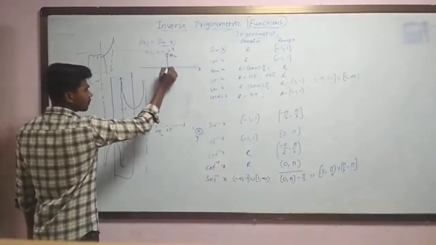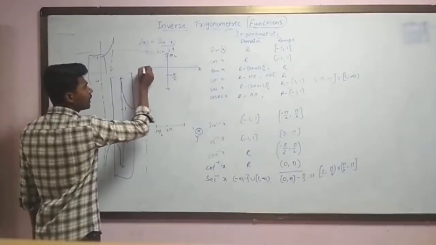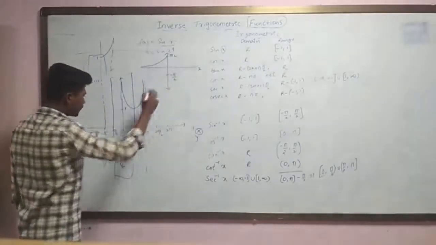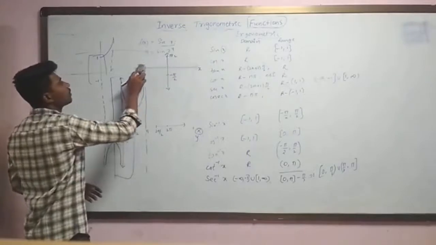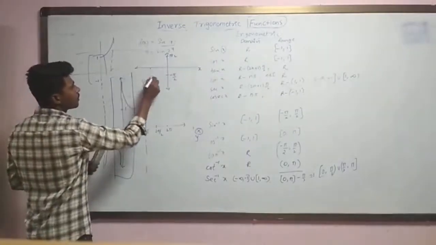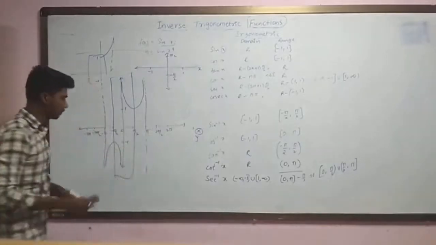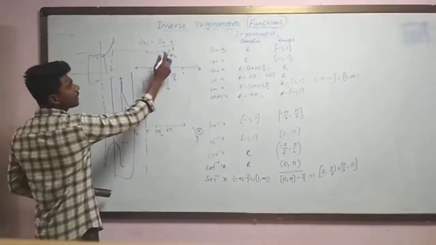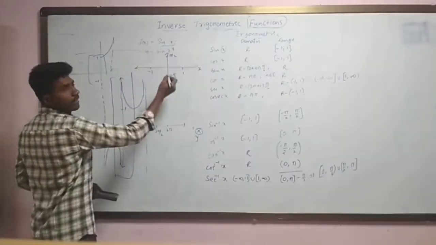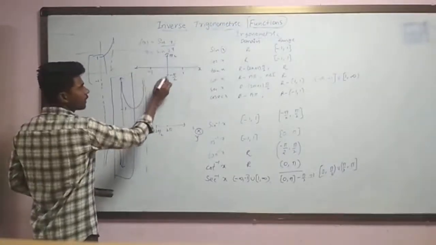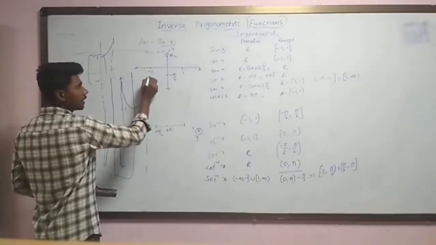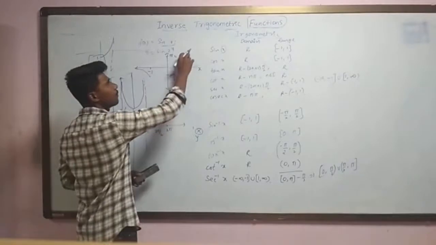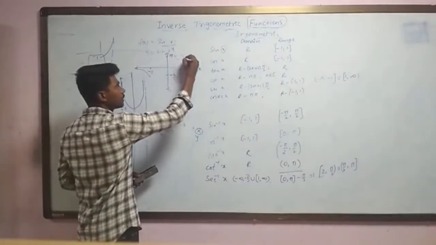Now the x values: if I take minus 1 and plus 1, at minus 1 we get minus 90 and then it increases. At 1 we get plus 90, and then it decreases.